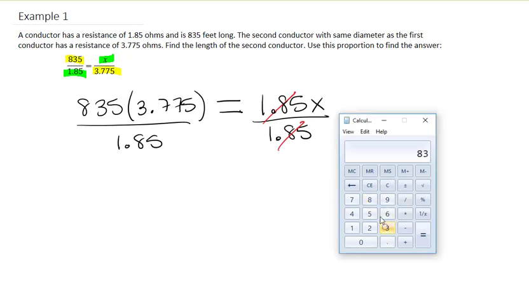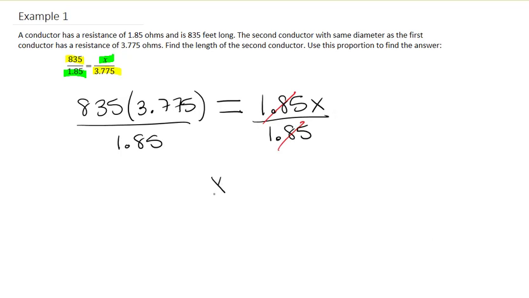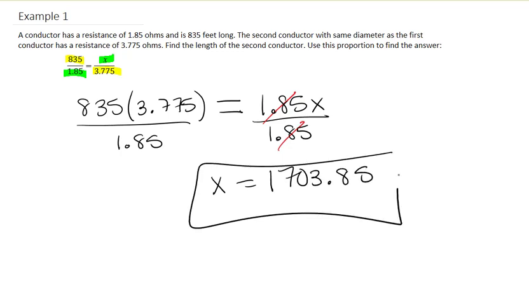So we go 835 times 3.775, which is equal to 3,152.125. Next, we're going to divide by 1.85, and we get 1,703.85. So what we get is 1,703.85.